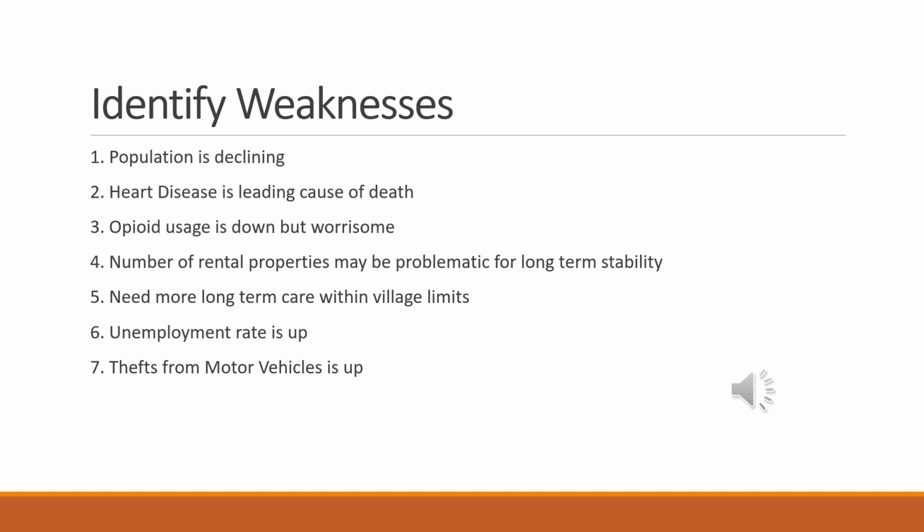What you want to do is try to align these goals with the Healthy People 2030. And then you come up with solutions as to how we will address these weaknesses for the village of Woodridge, and then also how you would go about evaluating them.